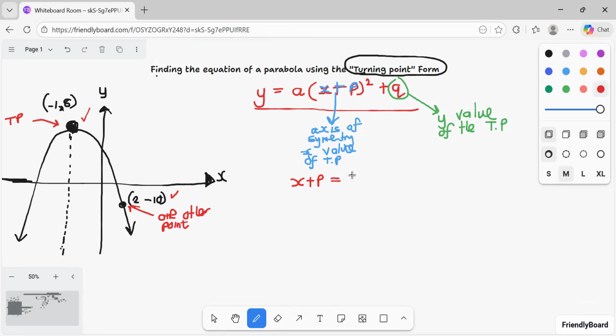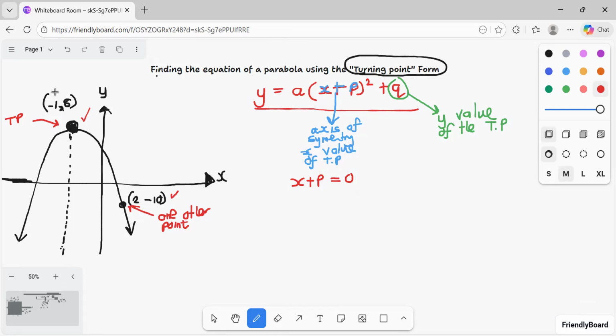This also gives us the x value of the turning point.